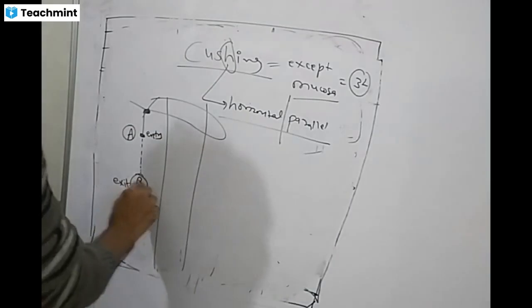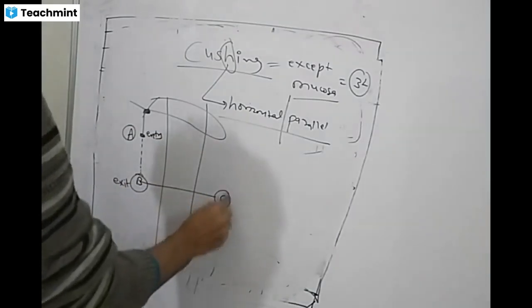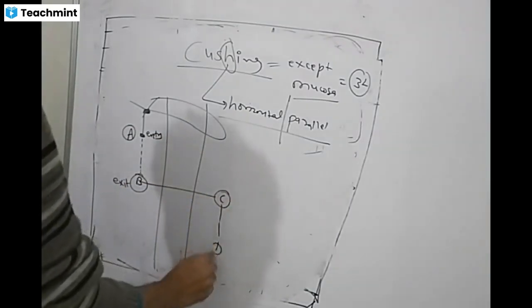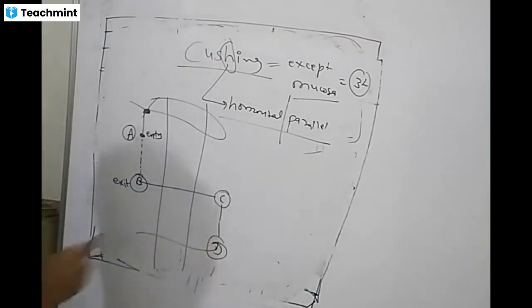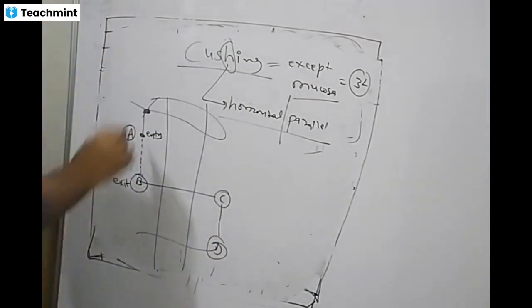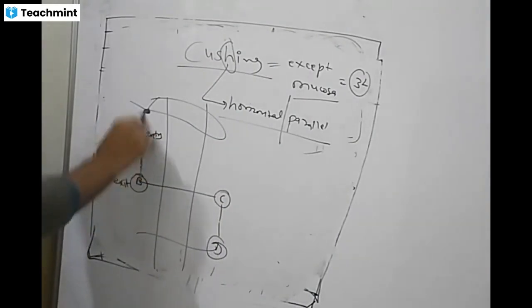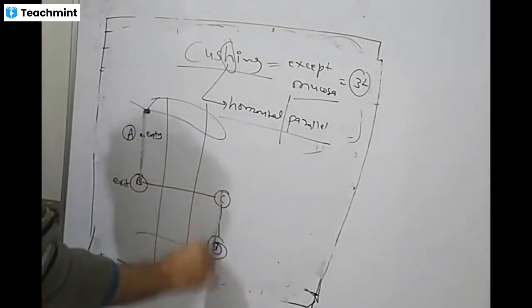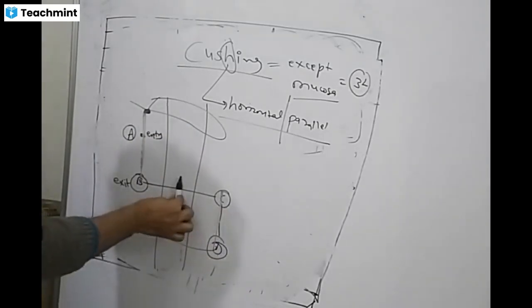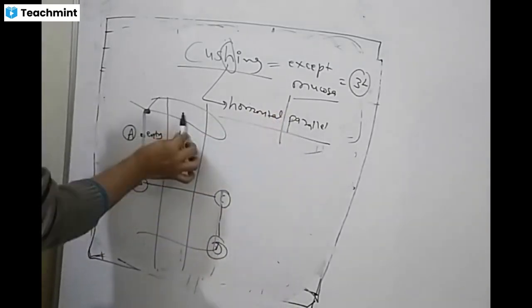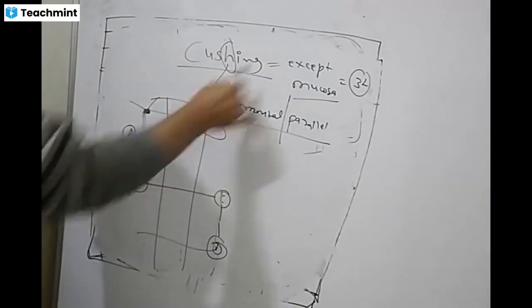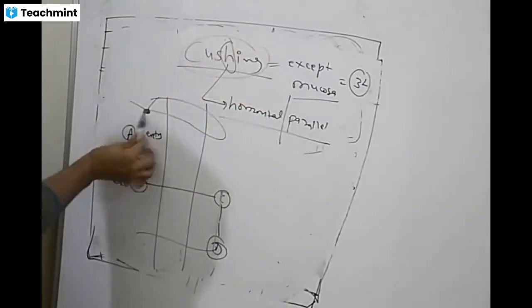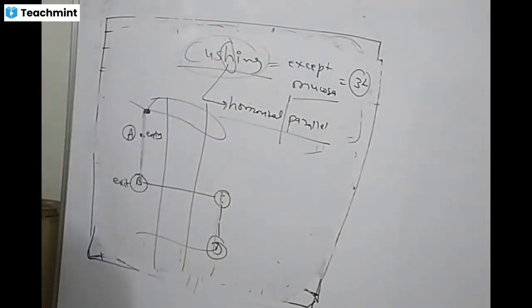Then we come to this side, point C, then come horizontally at D, then come to C. So in case of Cushing, we are parallel to the incision line. Again, coming to this side, we are parallel to the incision line. Parallel or horizontal. So Cushing is horizontal and your Lambert is vertical.